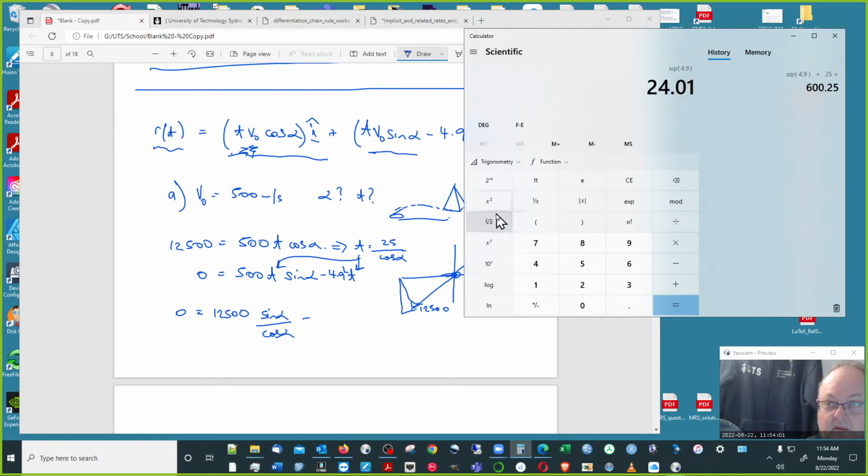Squared. There's something not right there.